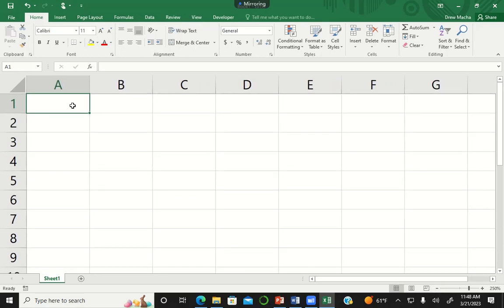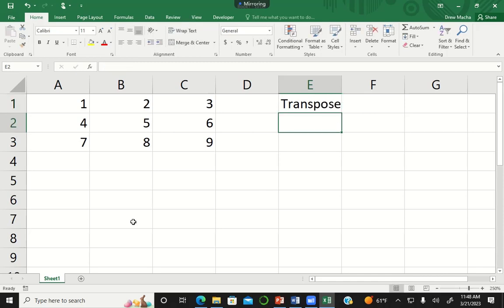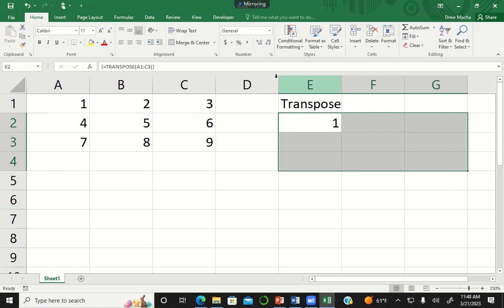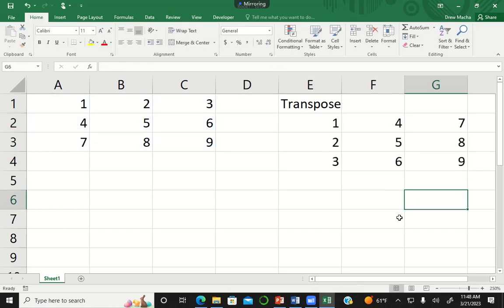If I have this matrix, 1, 2, 3, 4, 5, 6, 7, 8, 9, what I mean whenever I say the transpose is this. Oops, not the whole matrix. There we go. Do you see what happened?